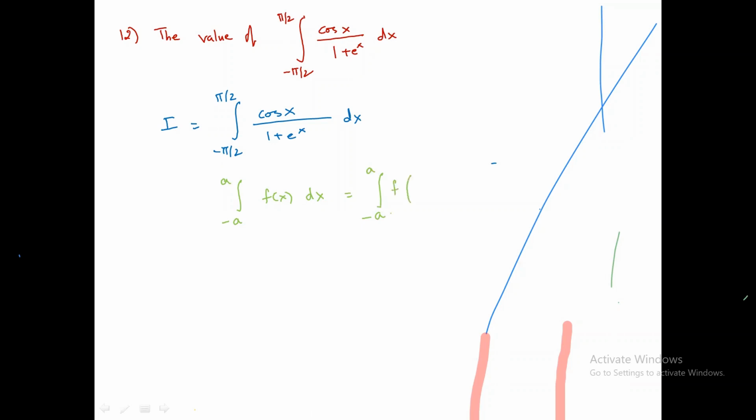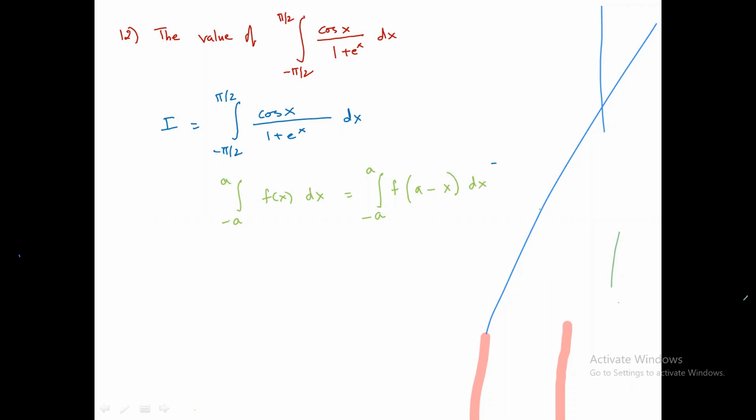But in the function, what do I have to put? That I have to decide. When the boundaries are minus a to a, I will take a and then minus x. This is how I can change the integral.